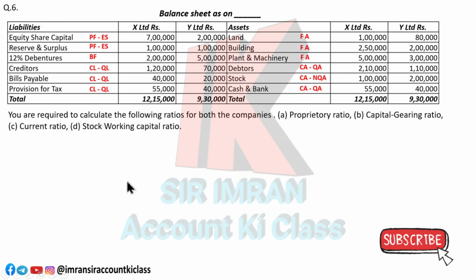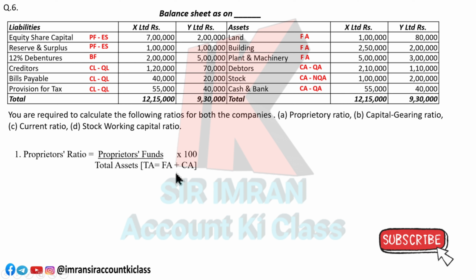So let's begin with proprietary ratio. The ratio says that proprietor fund should be divided by total assets. What is total assets? Fixed assets plus current assets. For X Limited, proprietor fund is 8 lakh, and the total assets we can take as 12 lakh 15,000.